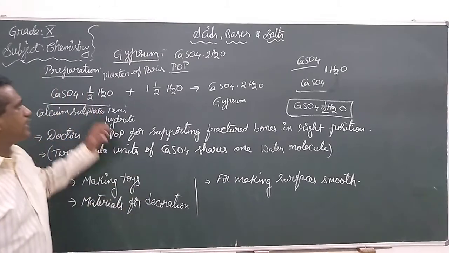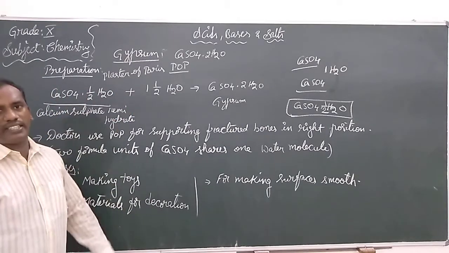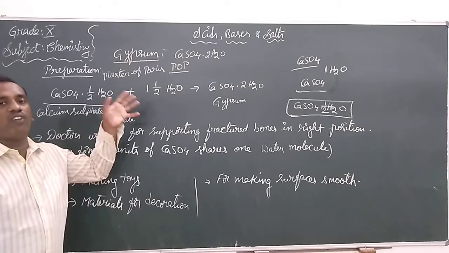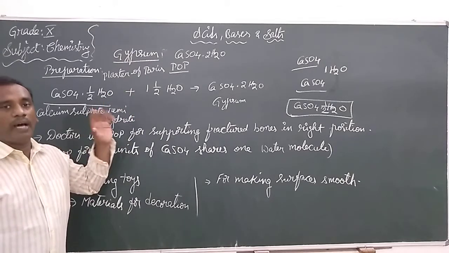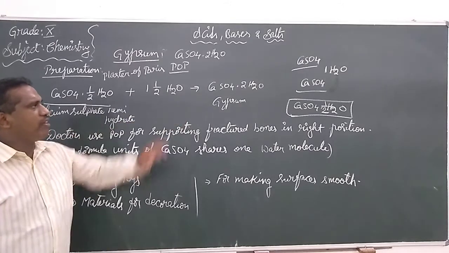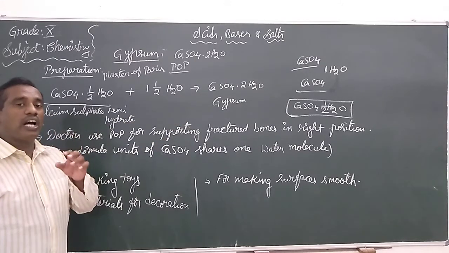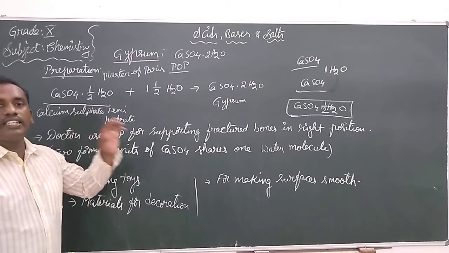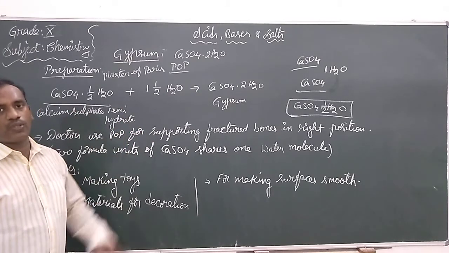This is the plaster of Paris. When we add some amount of water, we say 1.5 H2O for balancing purposes. Then it will be converted into gypsum, whose formula is CaSO4 2H2O.